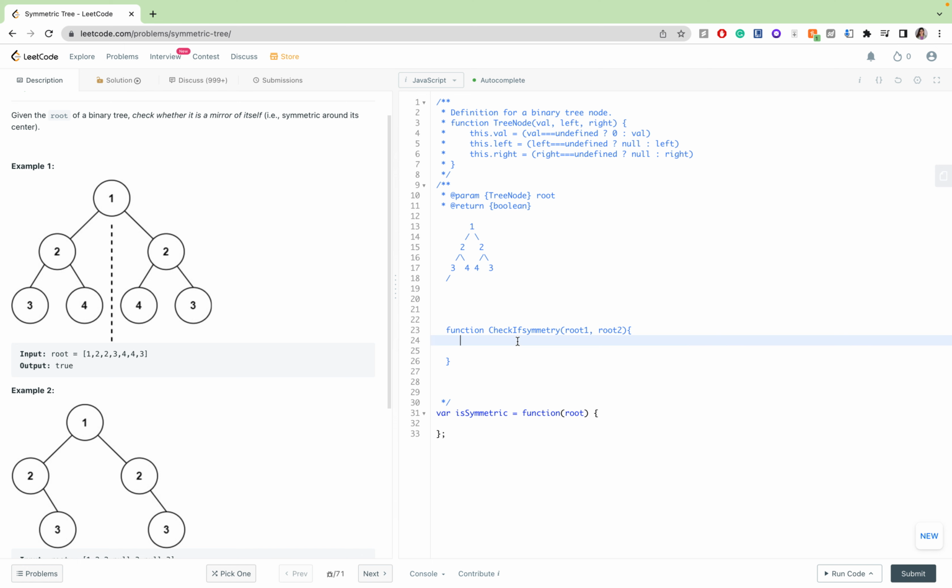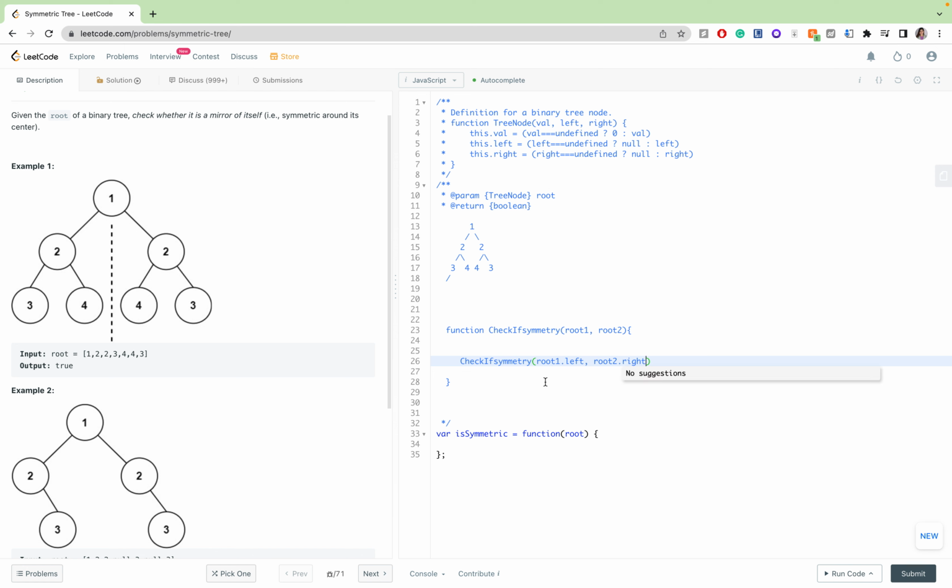When I'm looking at this, I should also check if symmetry, root 1 dot left and root 2 dot right. So suppose root 1 is 2 and root 2 is 2, then I'll look at 3 and this will look at 3. So this will be my new root, and similarly I'll go on.